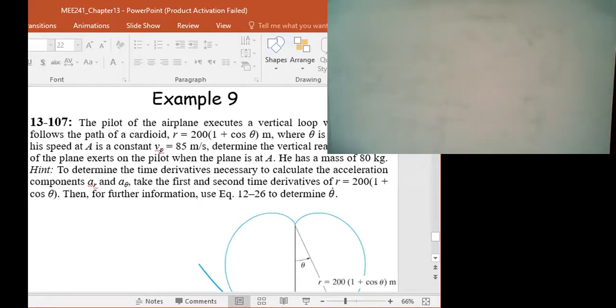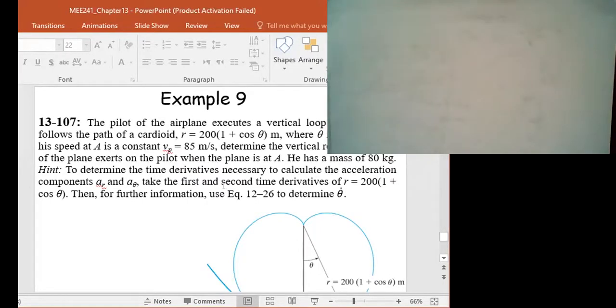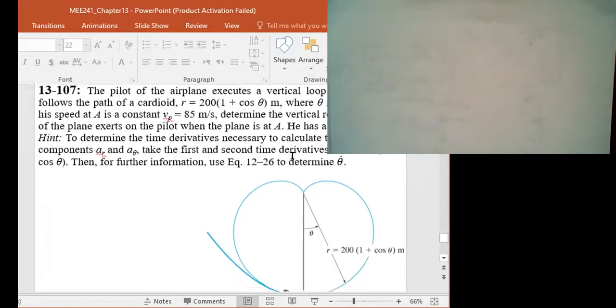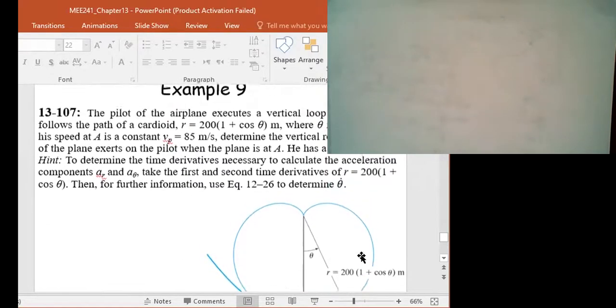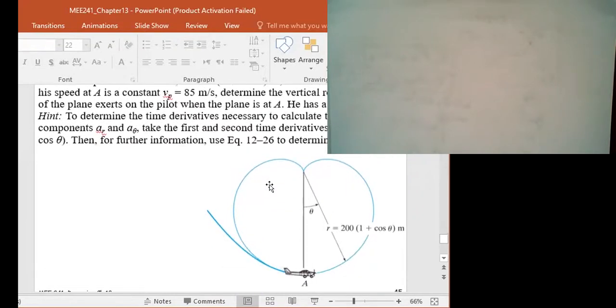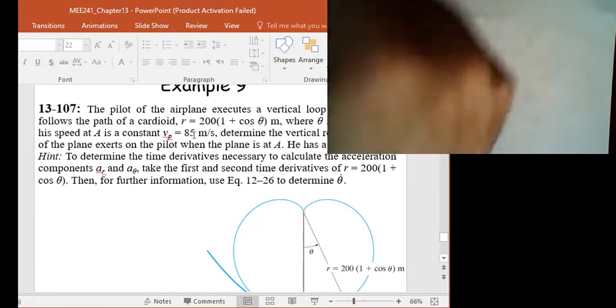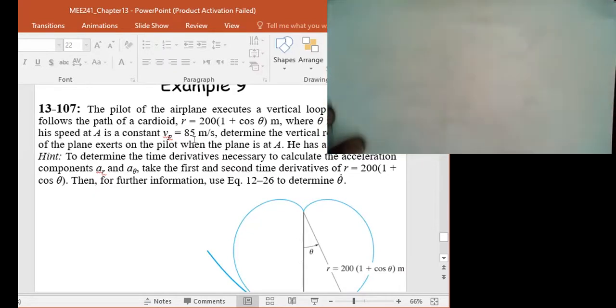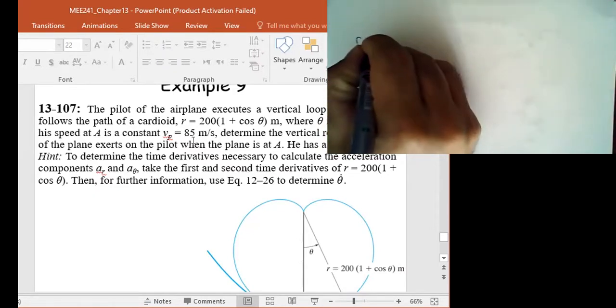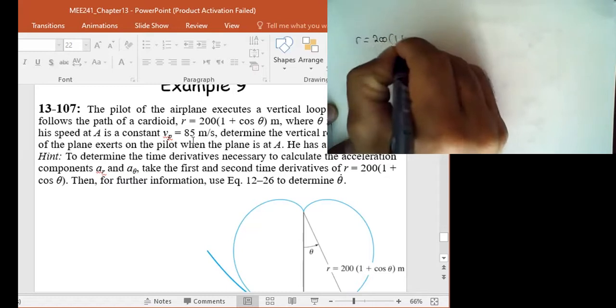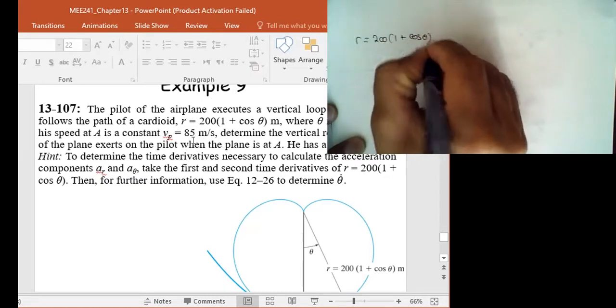What we have here is that the pilot of the plane executes a vertical loop, right? A vertical loop, just like what we did before. The path is given by r equal to 200 times 1 plus cosine theta.